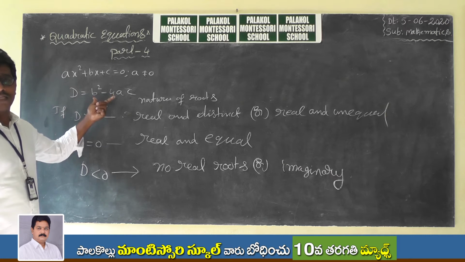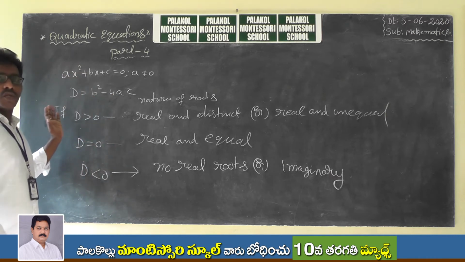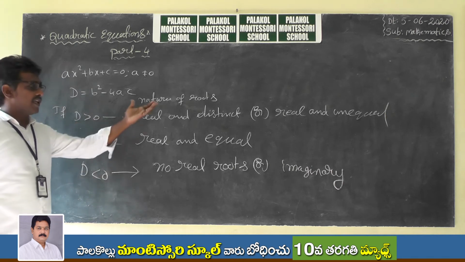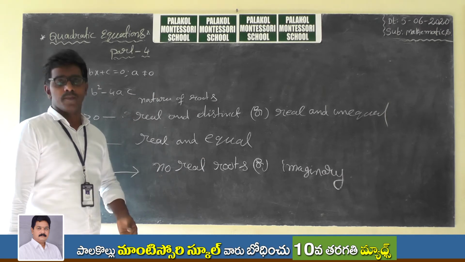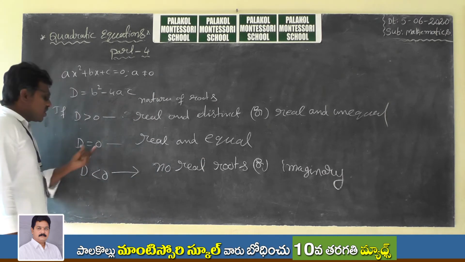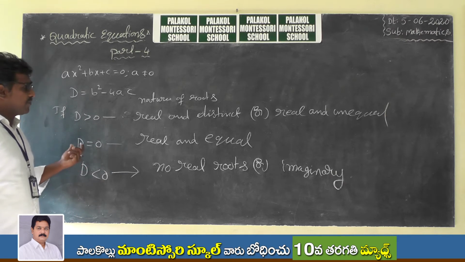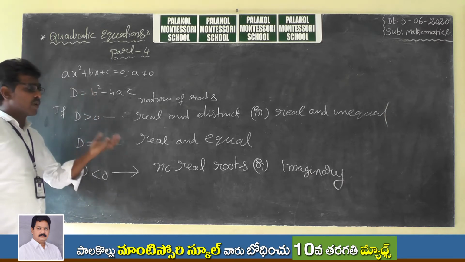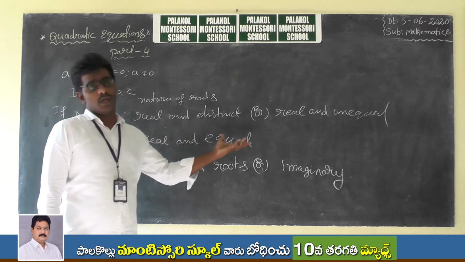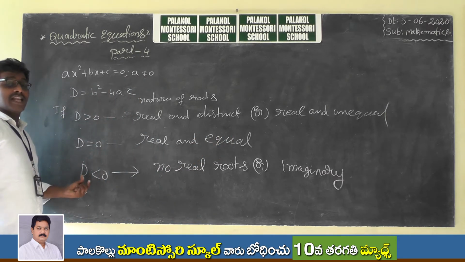Suppose that value is above 0, that means greater than 0. In that situation, the nature of roots is real and distinct, or real and unequal. And if D is equal to 0, that means b square minus 4ac is equal to 0, the roots are real and equal.